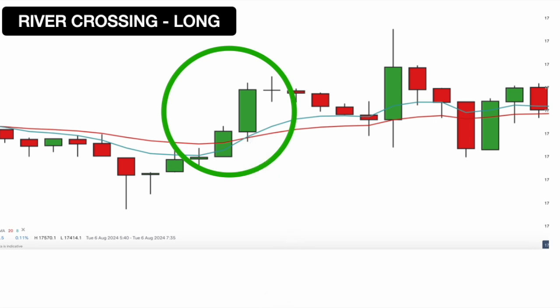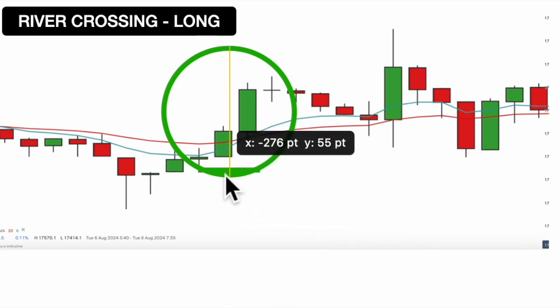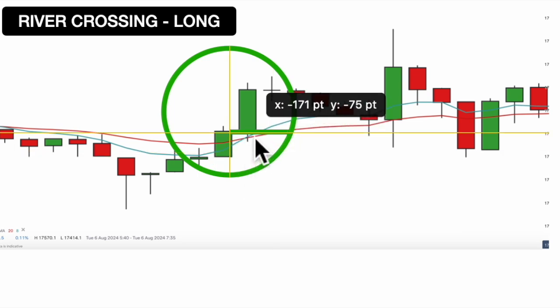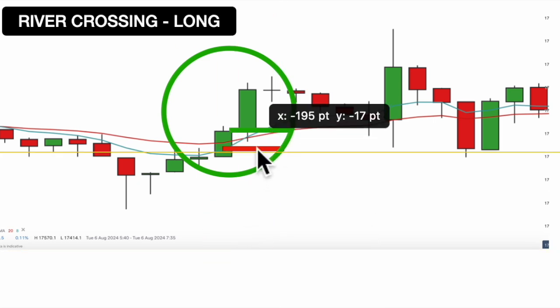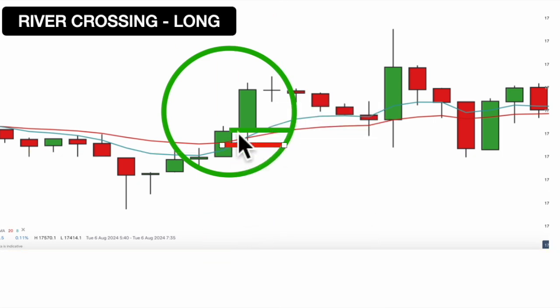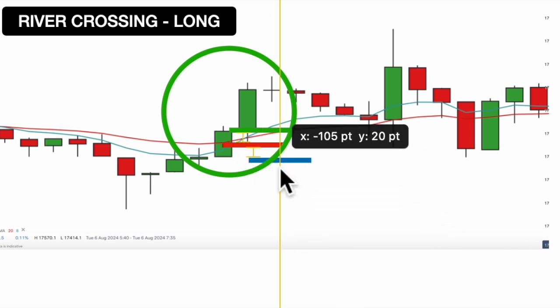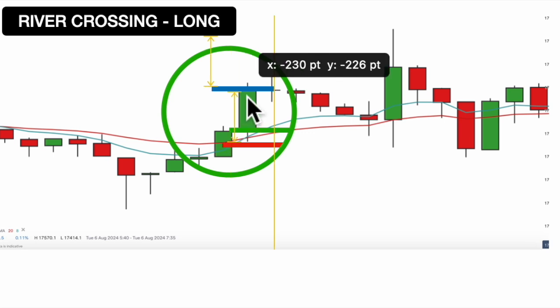And so your entry is there. Your stop is there. So tiny difference between entry and stop, and wait until the end of the bar and take your profit.